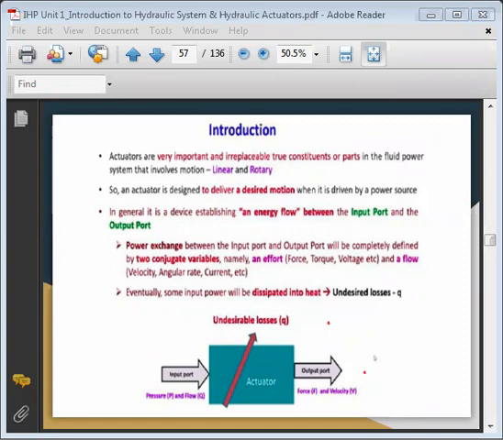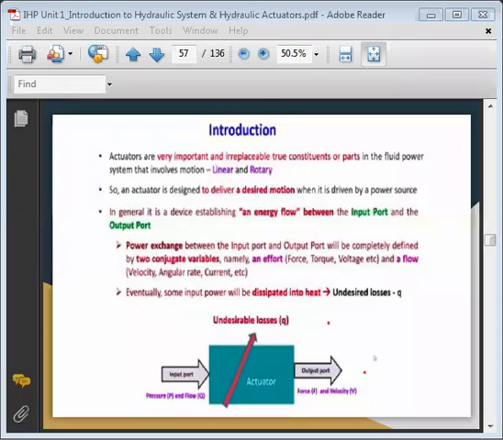The power exchange between the input port and the output port is completely defined by two conjugate variables. These variables are named effort, like force, torque, voltage, etc., and flow, that means velocity, angular rate, and current.